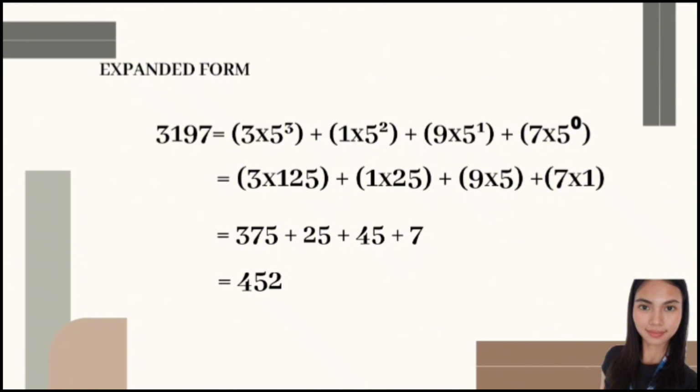Since the exponent is 0, the value you multiply with 7 is 1. So, 3 times 125, plus 1 times 25, plus 9 times 5, plus 7 times 1. If you add all the numbers, you will get 375 plus 25 plus 45 plus 7, which is equal to 452.